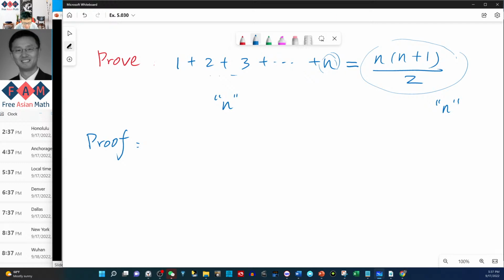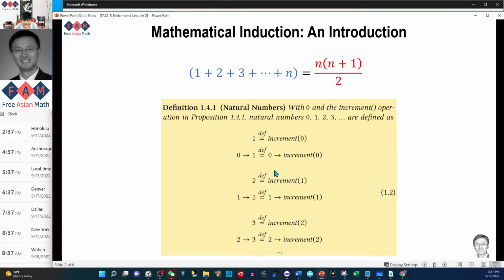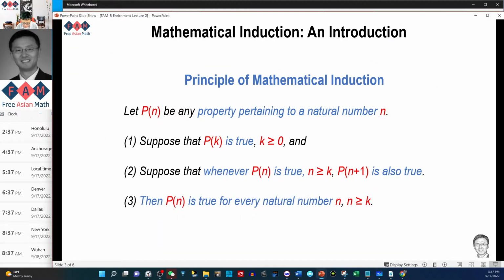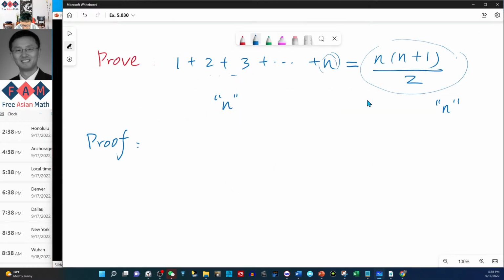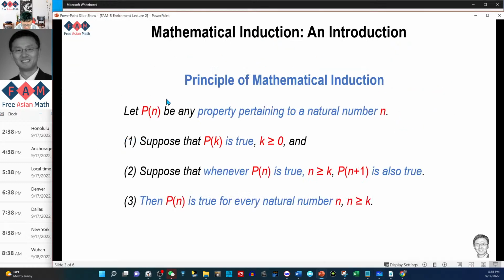Just follow the steps that were outlined on this slide. Pn is a property pertaining to a natural number n. In this specific case, it's this formula. We want to show this property is true for any natural number n greater than or equal to 1. So we have to verify whether the first hypothesis, number 1 here, is true.